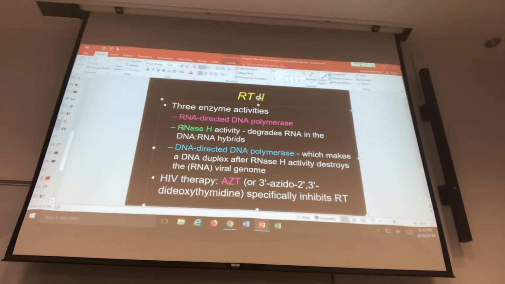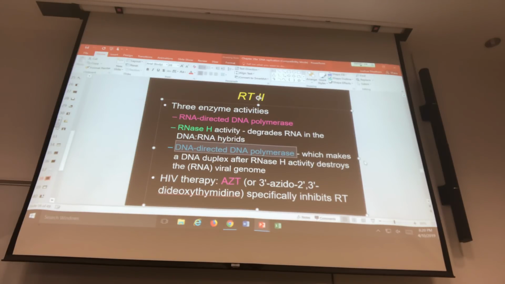So this thing will separate those two from each other. Now that you have your newly synthesized single-stranded DNA that was made from your reverse transcription activity, you use DNA-directed DNA polymerase to replicate that single-stranded DNA into a bunch of copies of that DNA strand. So these 3 activities will be found in reverse transcriptase.